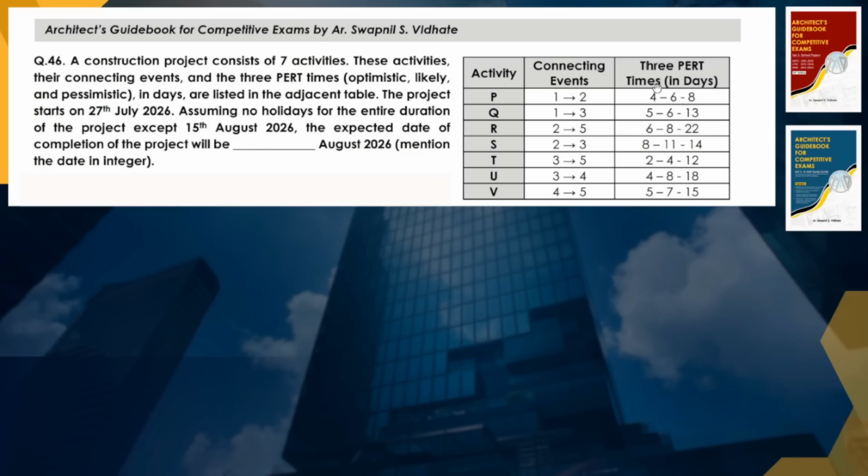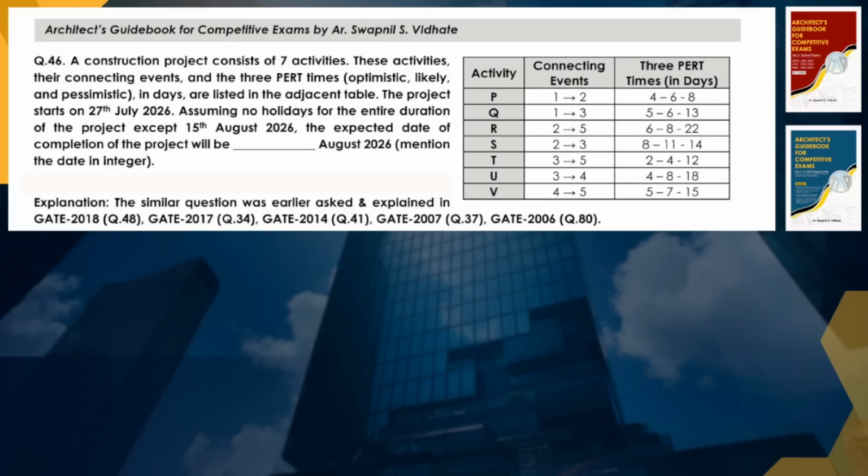This means 4 is the optimistic, 6 is the likely, and 8 is the pessimistic. The project starts on 27 July 2026, assuming no holidays for the entire duration of the project except 15th August 2026. The expected date of completion of the project will be which date of August 2026? We need to mention the date as an integer.